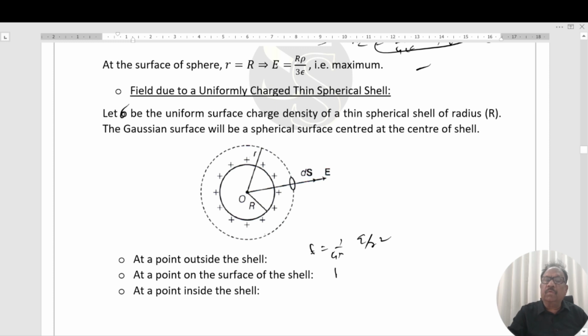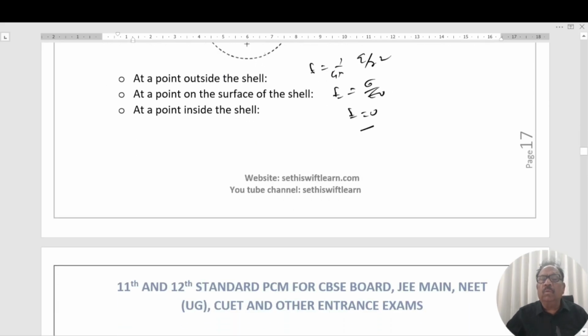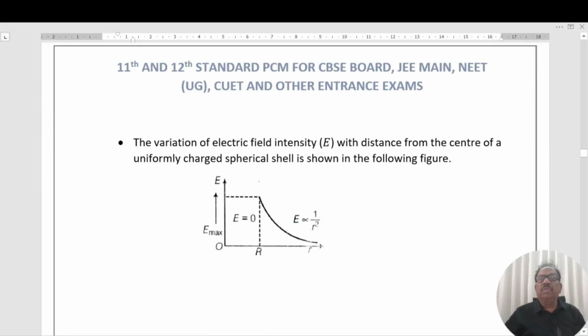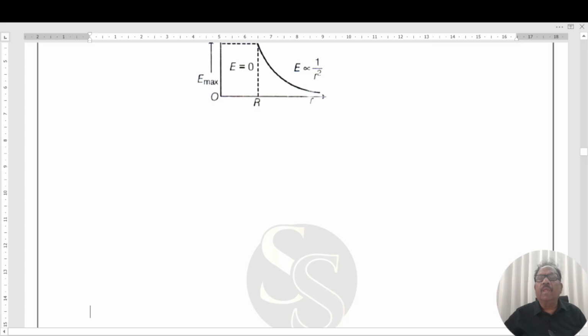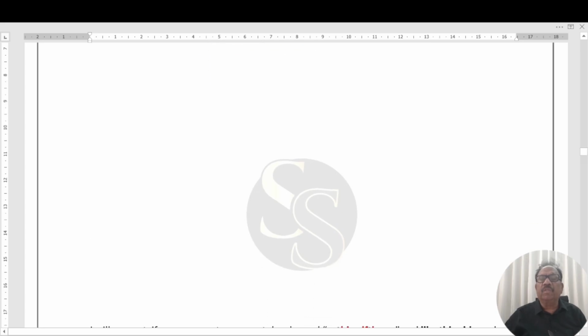On the surface, E equals sigma over epsilon naught. At a point inside, E is 0. The variation is given: inside it is 0, maximum at the surface, then it starts decreasing. I have discussed the 5 cases.